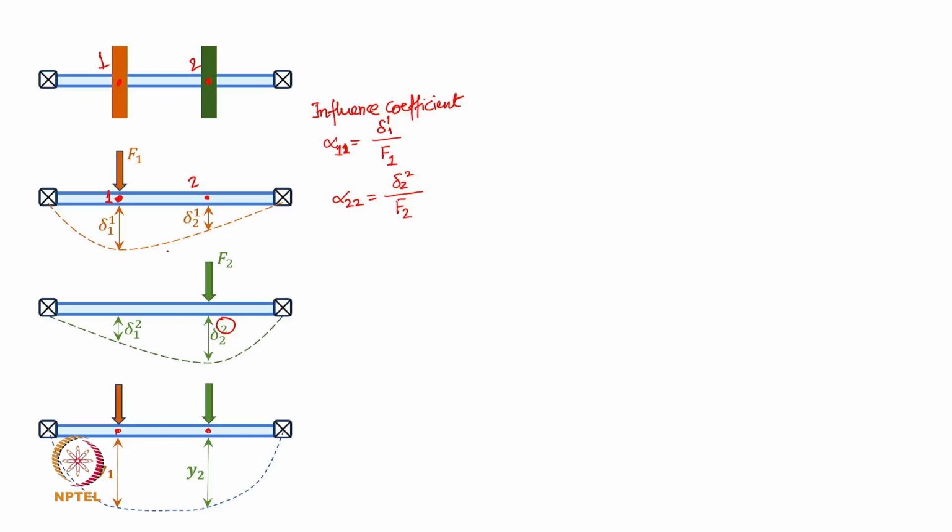And as we see here, irrespective of the fact that there is no force acting at that point, there is a non-zero deflection at point 2. So, we define the influence coefficient alpha 2 1 to represent delta 2 due to force 1, and similarly alpha 1 2 gets defined as delta 1 due to the force F 2.